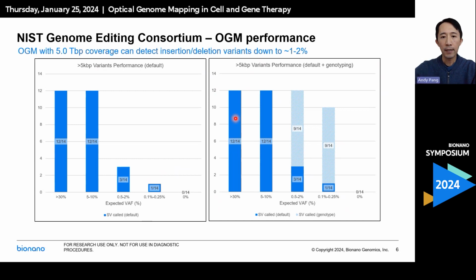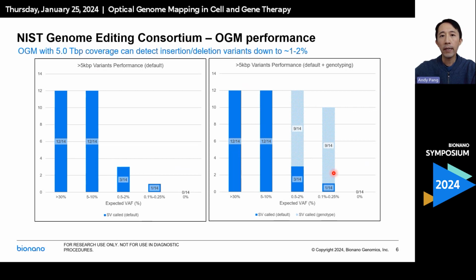And the idea is, since the maps here capture structural variants of interest, when we align the molecules to these maps and we observe coverage, then that is essentially telling us that the SV is actually present in the sample, just wasn't called by our default pipeline. And using this genotyping approach, we're able to recover an additional 9 variants, and we have even good sensitivity down to 0.1 to 0.25%.